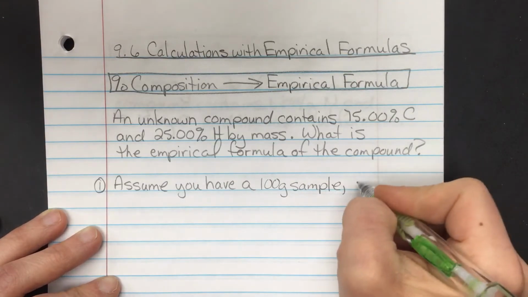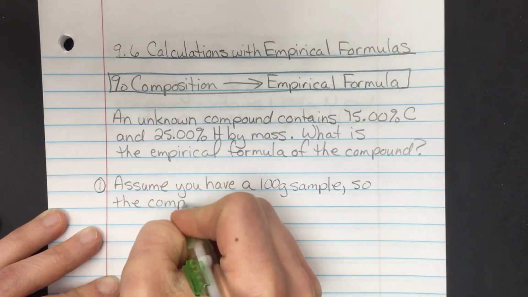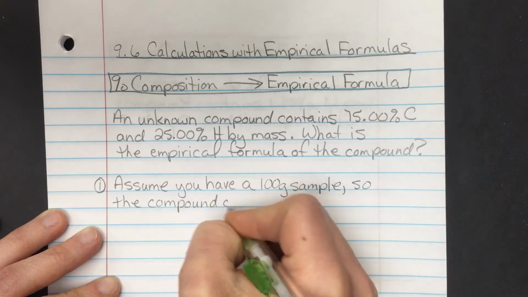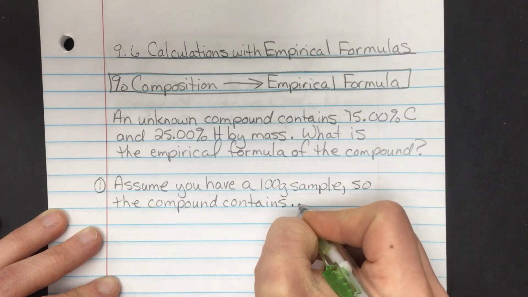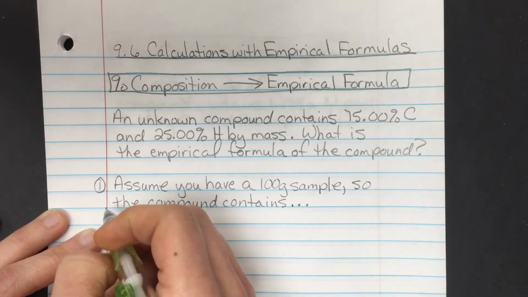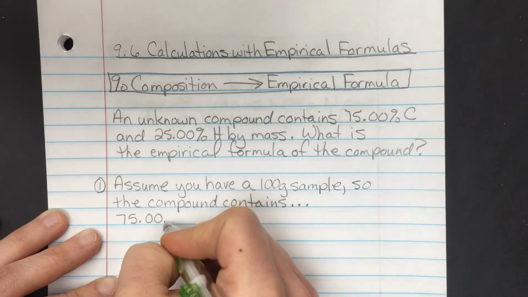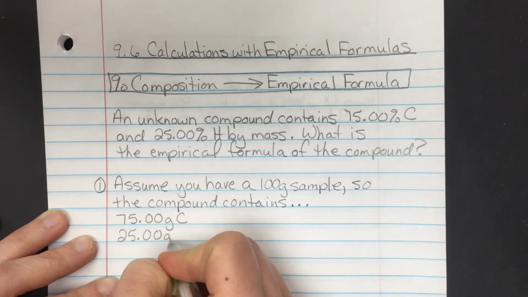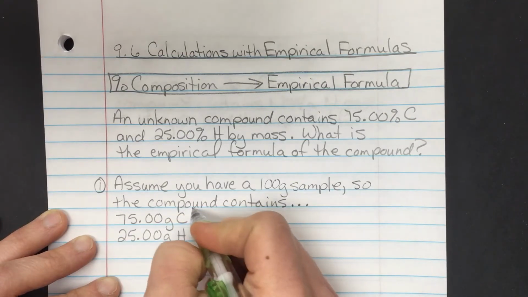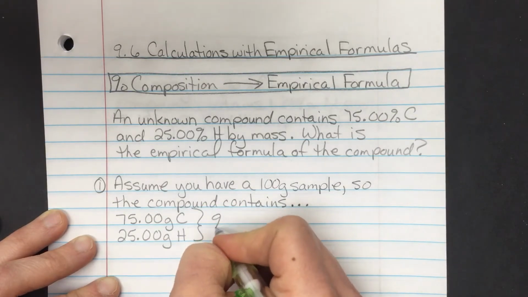So the compound contains 75 grams of carbon, and 25 grams of hydrogen. We simply change the percent to grams.